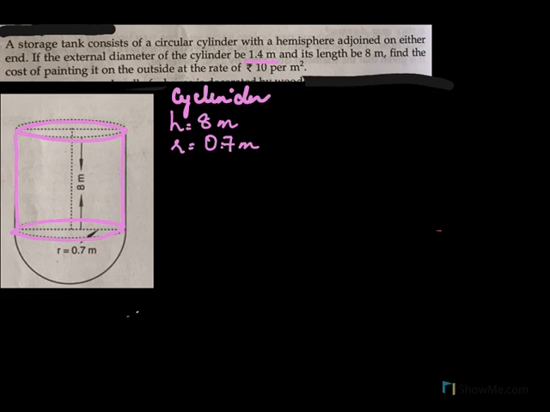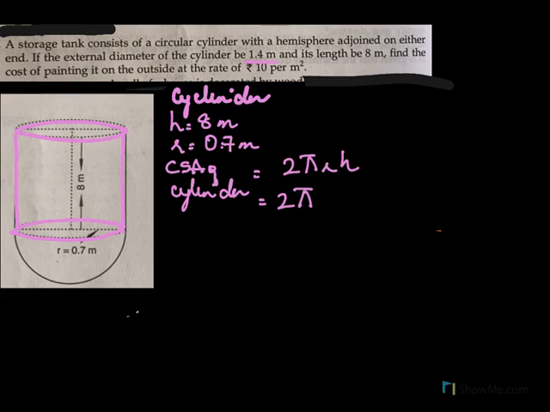And CSA of cylinder is equal to 2 pi RH. 2 pi, this is your R, 0.7. This is your H, that is 8. And that works out to be 11.2 pi. That is CSA of cylinder.